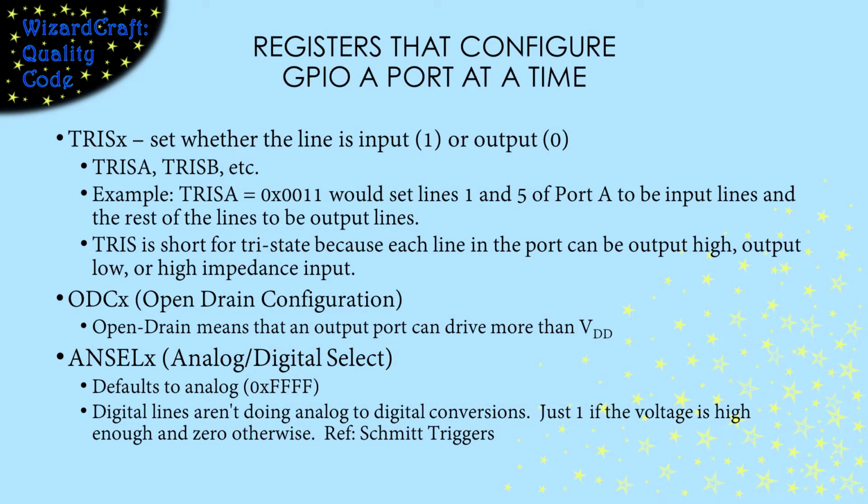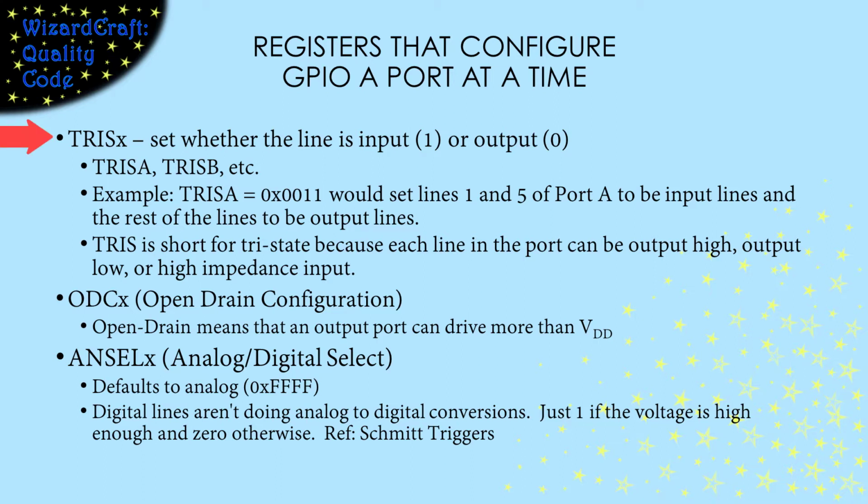There are a set of registers that we can read from or write to in order to interact with the ports. There is one for each port, and the ports are labeled A, B, C, etc. The name of the register ends with the name of the port that it's attached to. There are three types of registers that we use to set up GPIO ports.